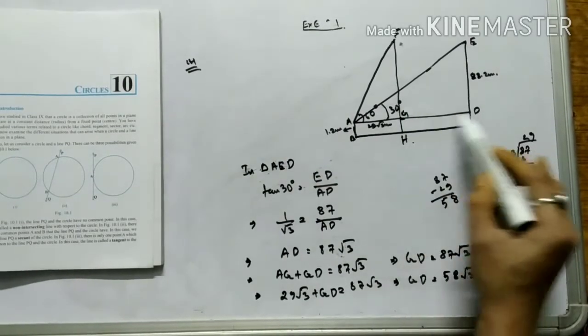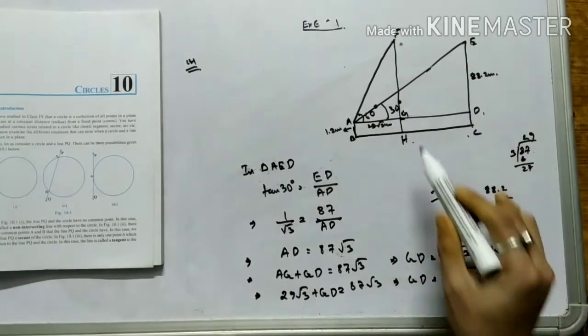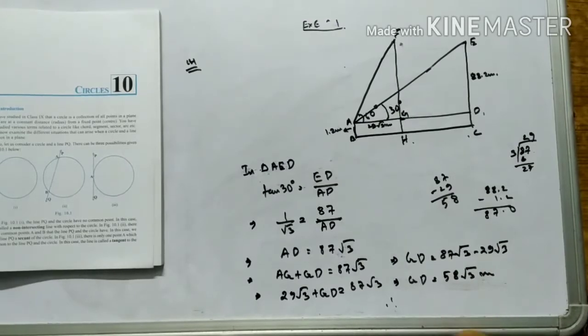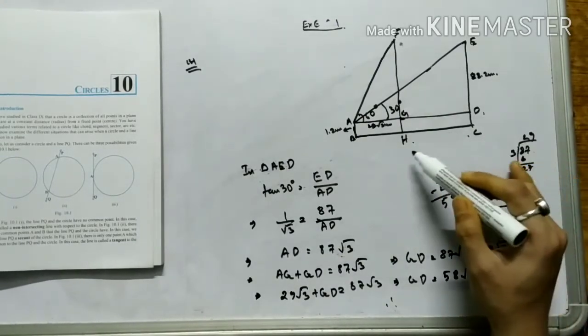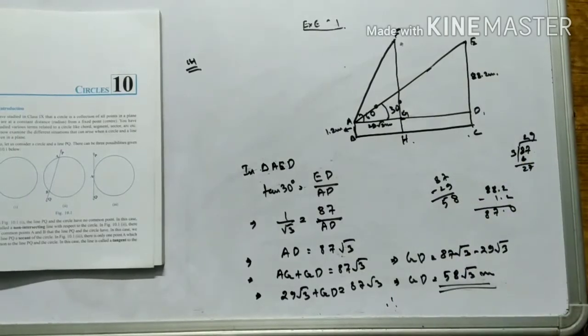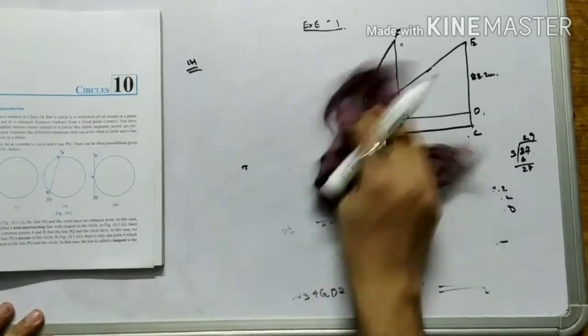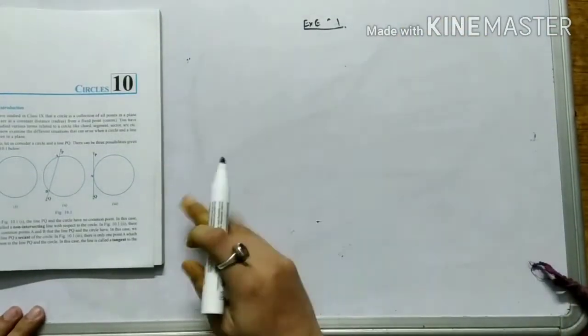GD is equal to HC. So at last I can say that the distance traveled by the balloon is 58 root 3 meter. This is the answer. Understand? You check how it is given in the notes. You do either like that or by notes, no problem.